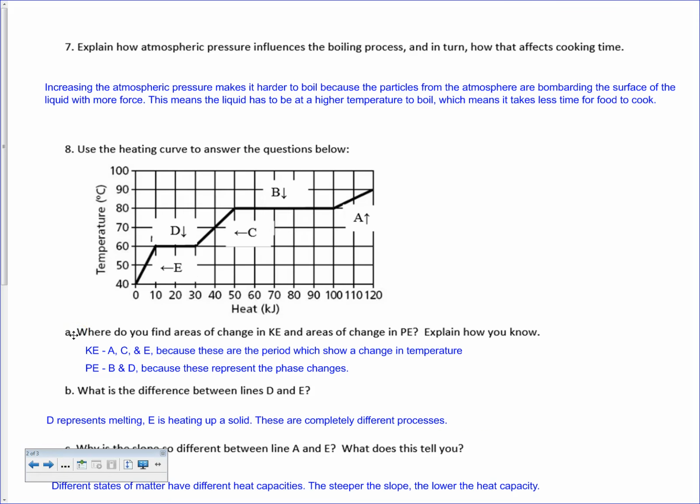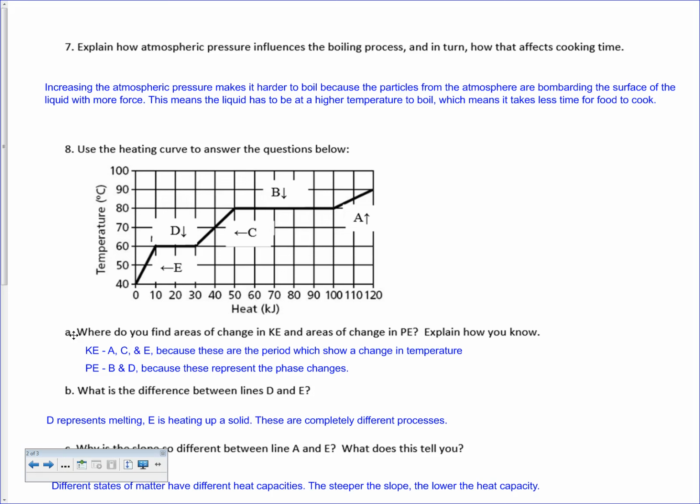On the back of the page, we've got this question. It says, if you increase the atmospheric pressure, how does it affect cooking time? I've asked this in a few different ways. If we're increasing atmospheric pressure, there's more bombardment coming down from the atmosphere onto a liquid.